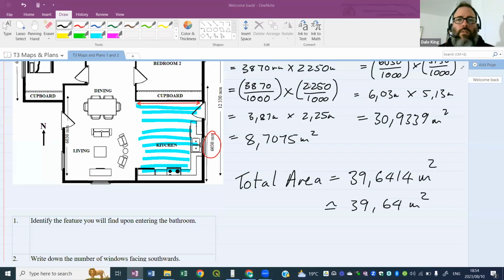We've got a question. Are we not rounding down? Are you saying why are we chopping off the 1,4? No, I'm asking, are we not rounding down? As in, we got 39,64.